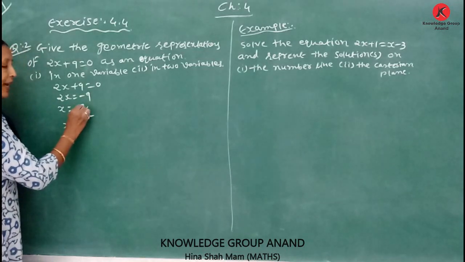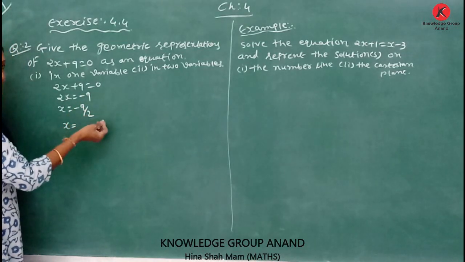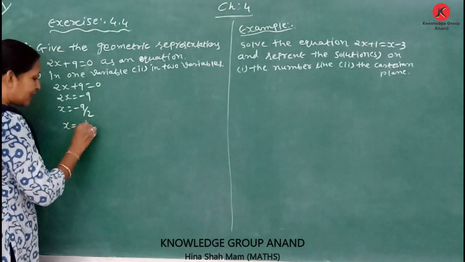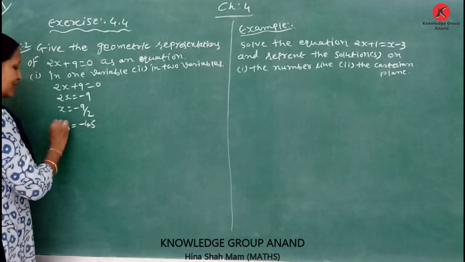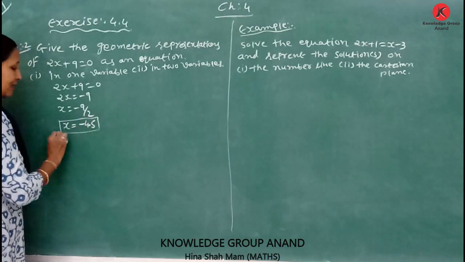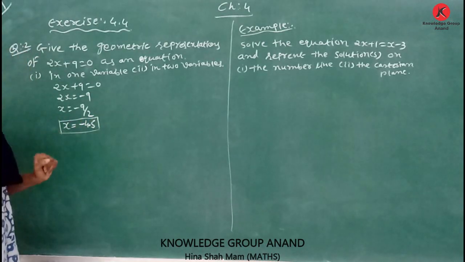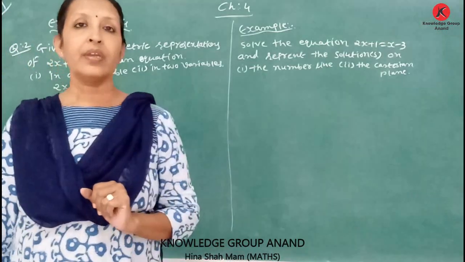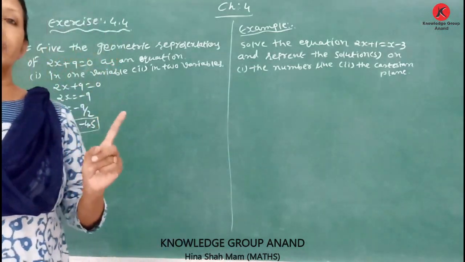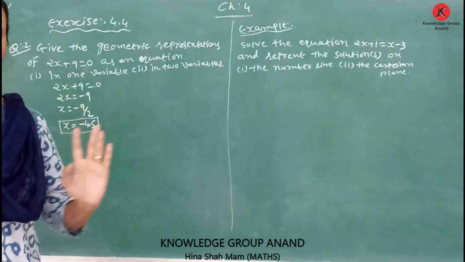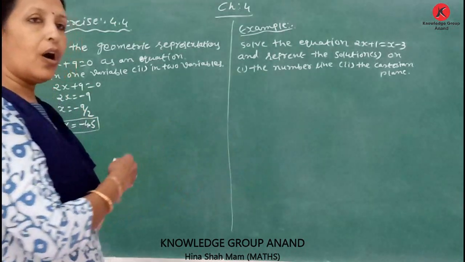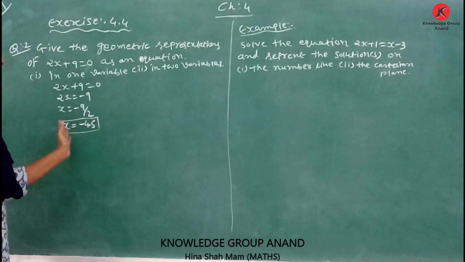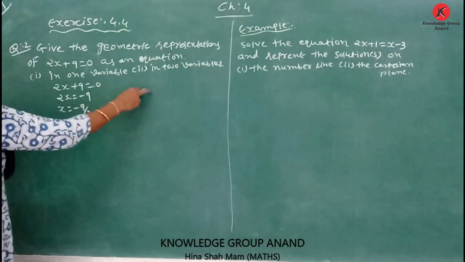Therefore x is equal to minus 4.5. Here, x is a constant, so the line is parallel to the y-axis. Since x is negative, it is on the left side.